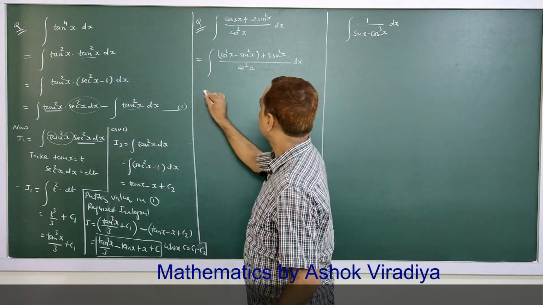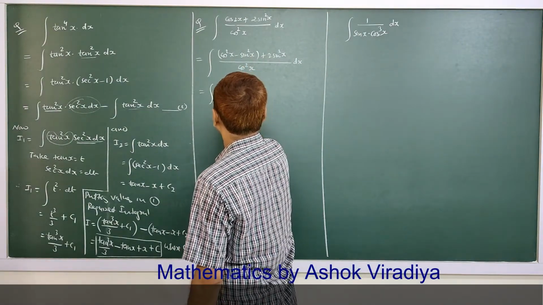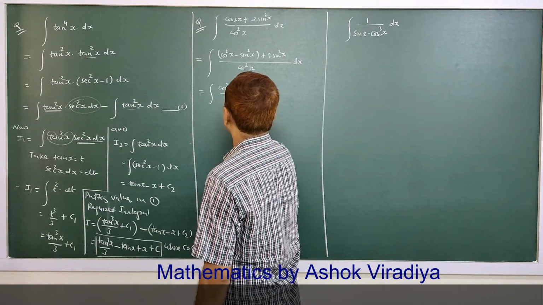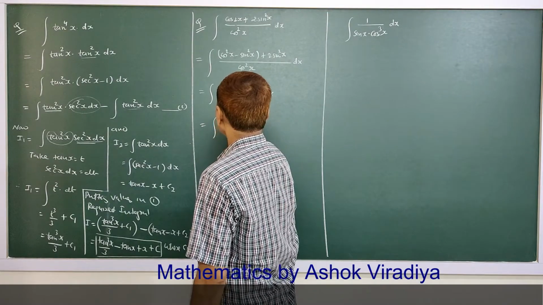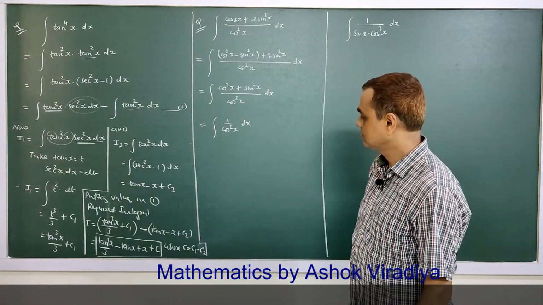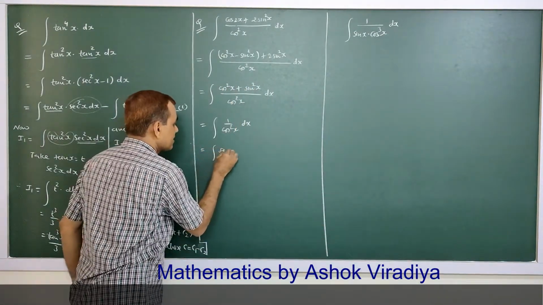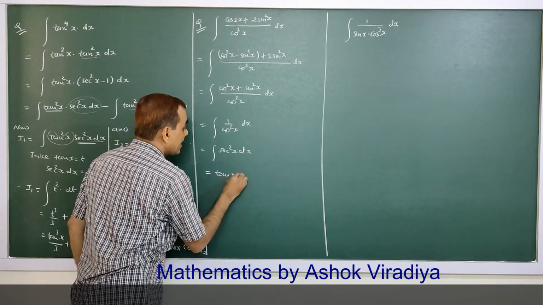So then it becomes cos square x plus sin square x upon cos square x. So this is 1 by cos square x, and it is sec square x, and integral of sec square x is tan x.